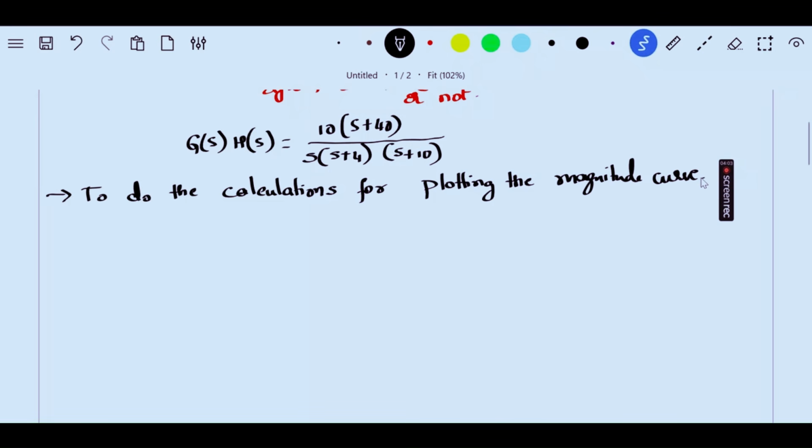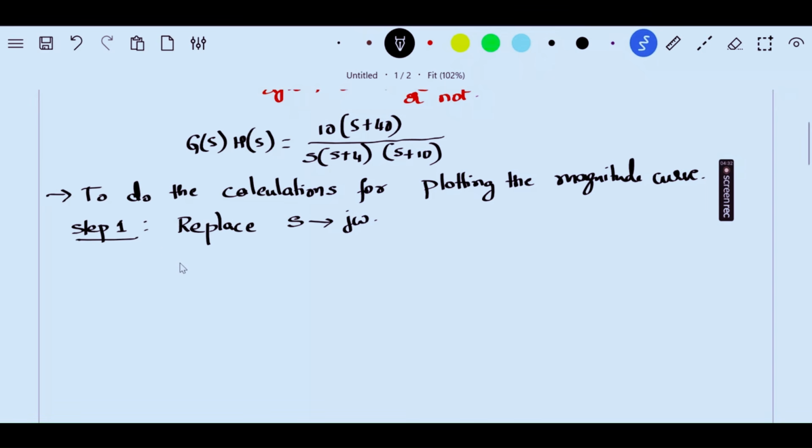Step one is to replace s with j omega. Replace s with j omega.